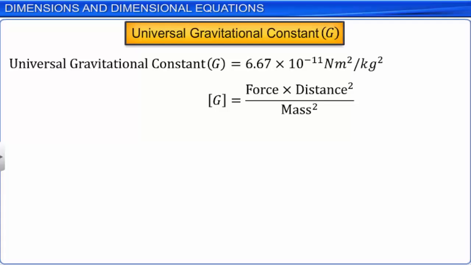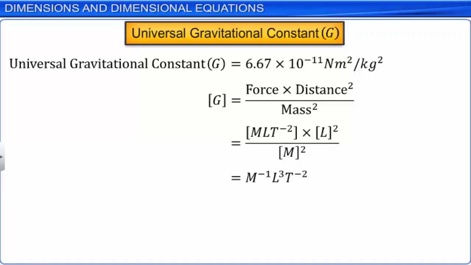Thus, the dimensional formula of G is obtained as shown. We obtain the dimensional formula of G as M power minus 1 L power 3 T power minus 2. You will learn about G in detail later in the course.